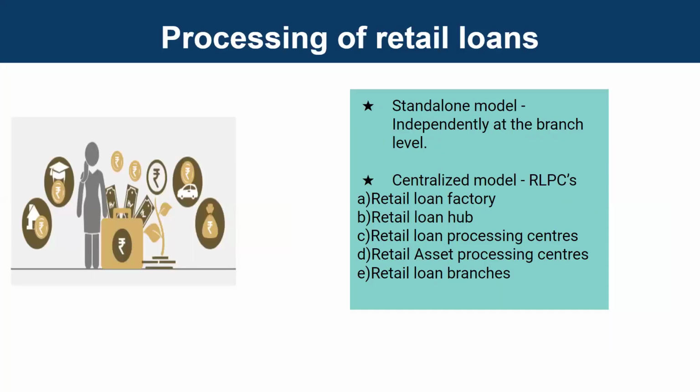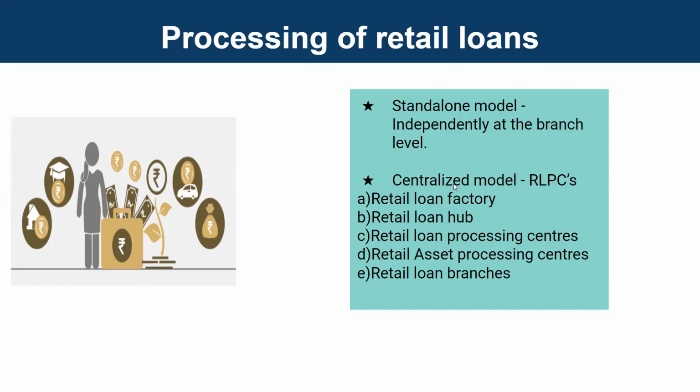So when it comes to processing of retail loans, they follow two types of methods. One is the standalone model and the other is a centralized model. In the standalone model, retail loans are independently processed at the branch level. The discretionary powers are given to the branch head, and if the proposal exceeds the discretionary powers, it will be referred to the regional or circle or zonal offices of the bank.